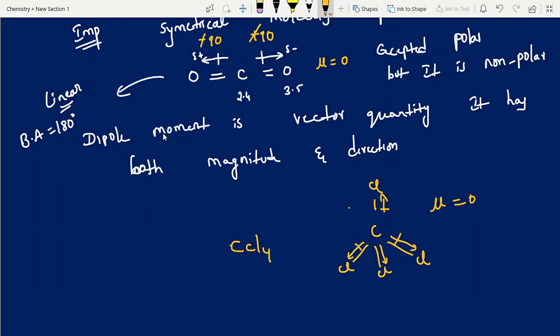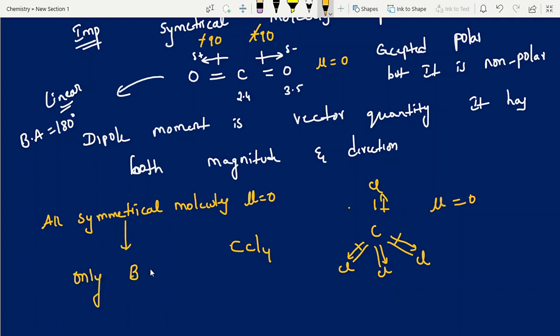So finally what I am saying here is that all symmetrical molecules have dipole moment zero. What are symmetrical molecules? Only bond pairs, no lone pair.